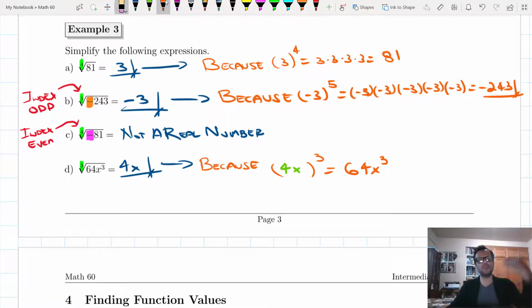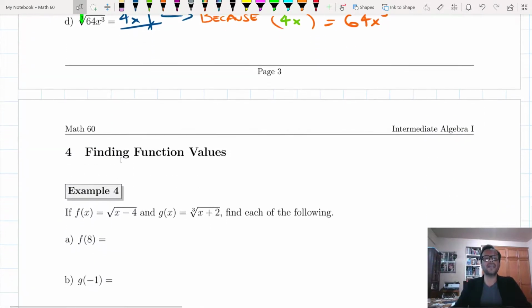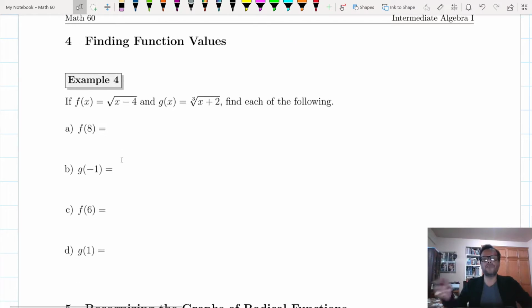And then we go with the cube roots, and then this concept can be extended to any kind of root, like the 4th root, the 5th root, the 7th root, etc. Okay, let's move on to looking at functions involving radical expressions. To that end, all we do as usual is plug in the value of x and simplify. In other words, evaluate.